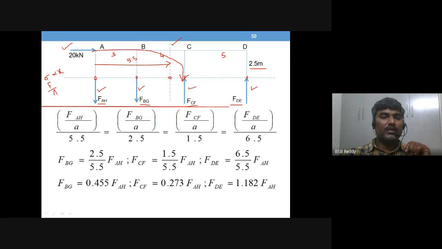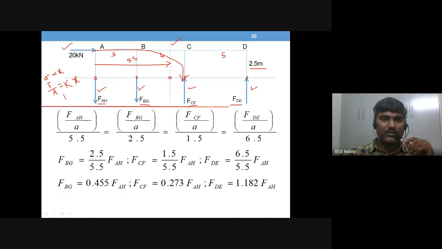F by area is equal to, proportionality removed, some constant k times x.